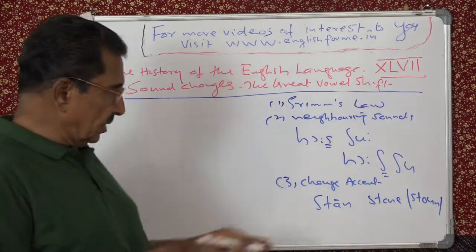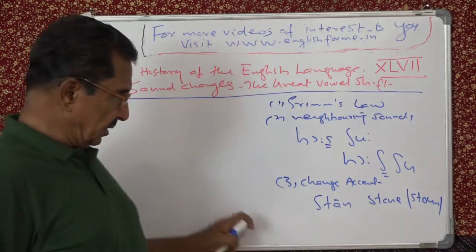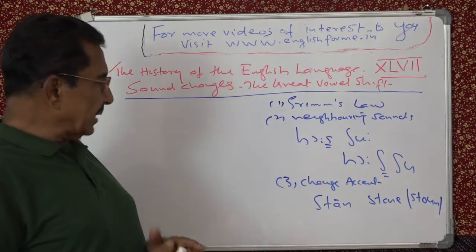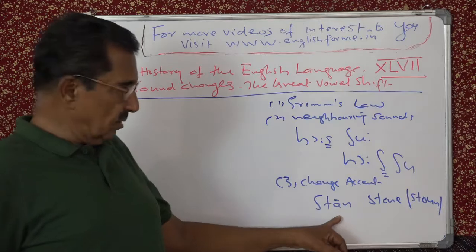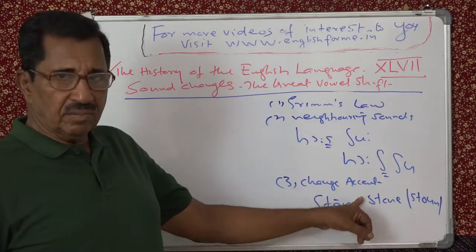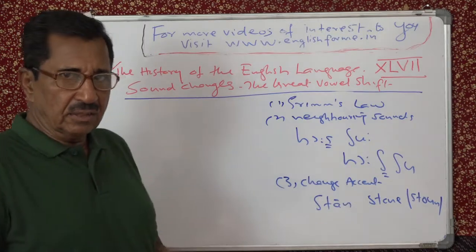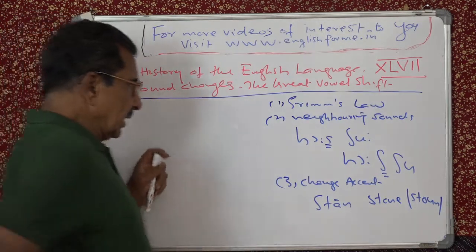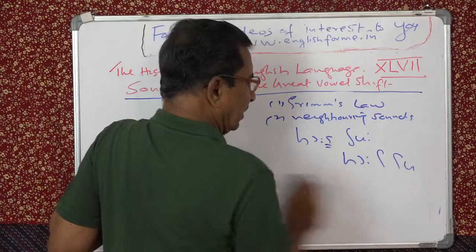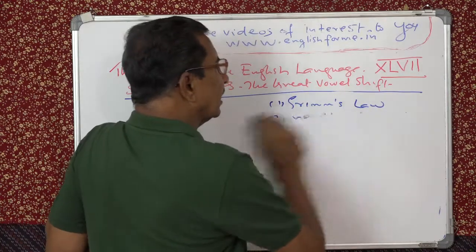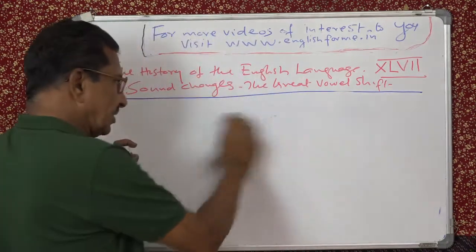That is because of the change in the accent pattern. The accent shifted to the front of the word, and so the change might have happened. So these are the 3 known reasons for sound change.